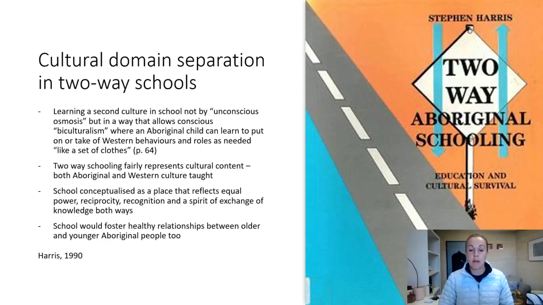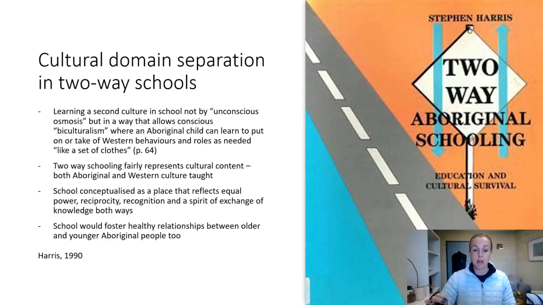So what he was arguing was that Aboriginal students and Torres Strait Islander students should be supported to learn the dominant culture as a second culture in school, but not to do that by unconscious osmosis, which would happen through the hidden curriculum.